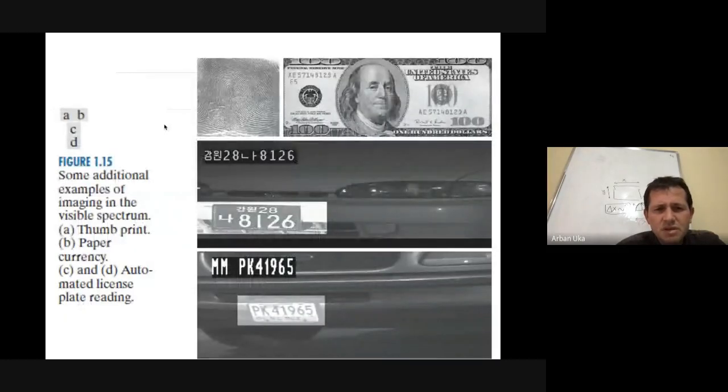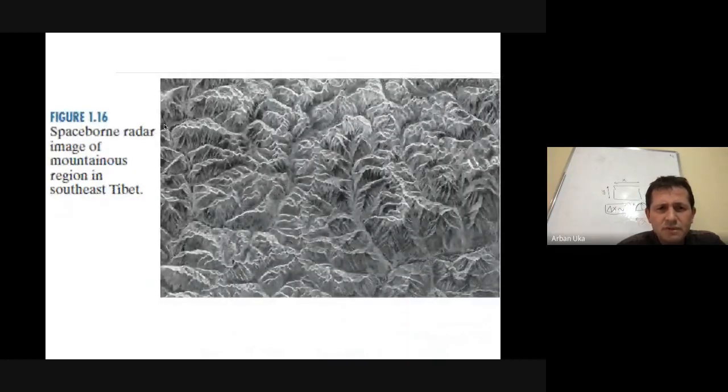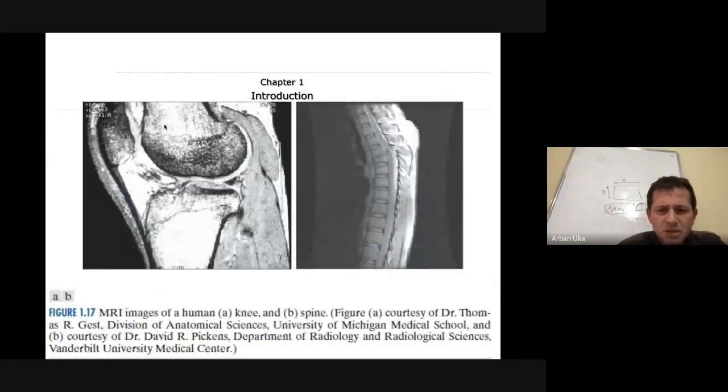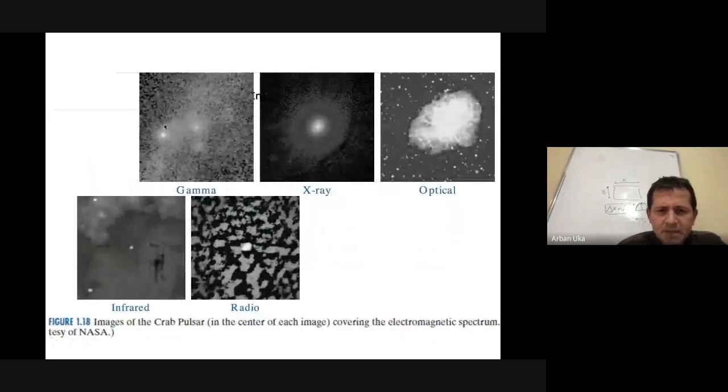Here we have some other images in the visible spectrum. We are used to these because they are all in the visible range. This is like photography. This is a spaceborne radar image of a region in Tibet, where the wavelength used is in the order of 10 micrometer. These are some MRI images, magnetic resonance imaging, of a human knee and the human spine. Here are images of a stellar construct.